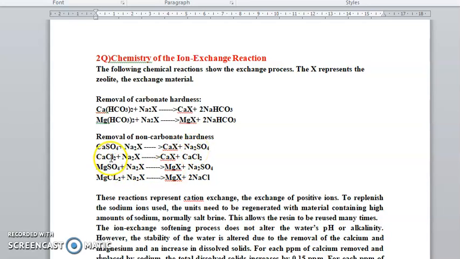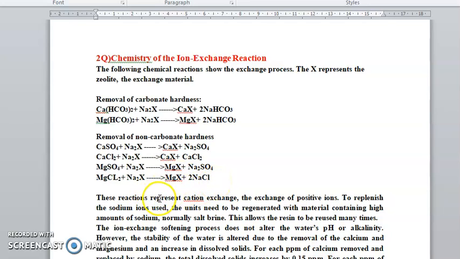CaCl2 plus Na2X gives CaX plus 2NaCl. MgSO4 plus Na2X gives MgX plus Na2SO4. MgCl2 plus Na2X gives MgX plus 2NaCl.